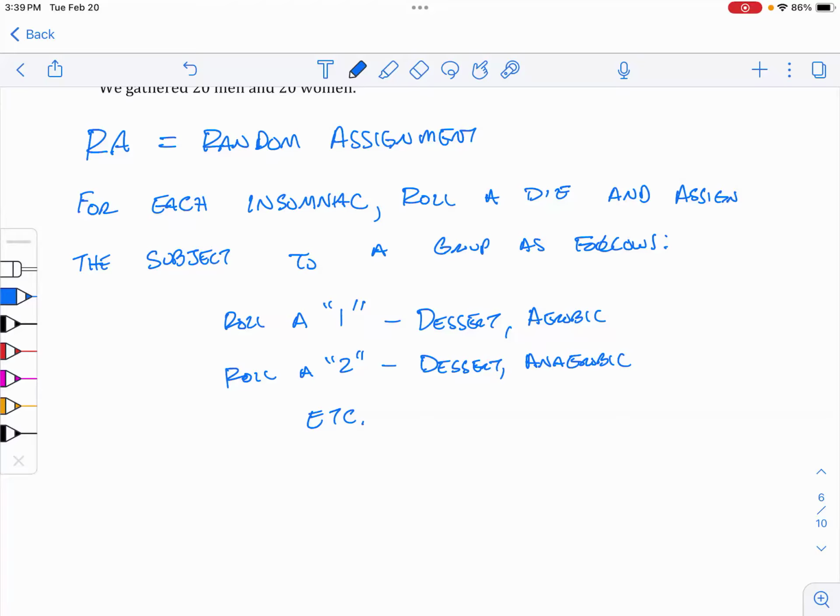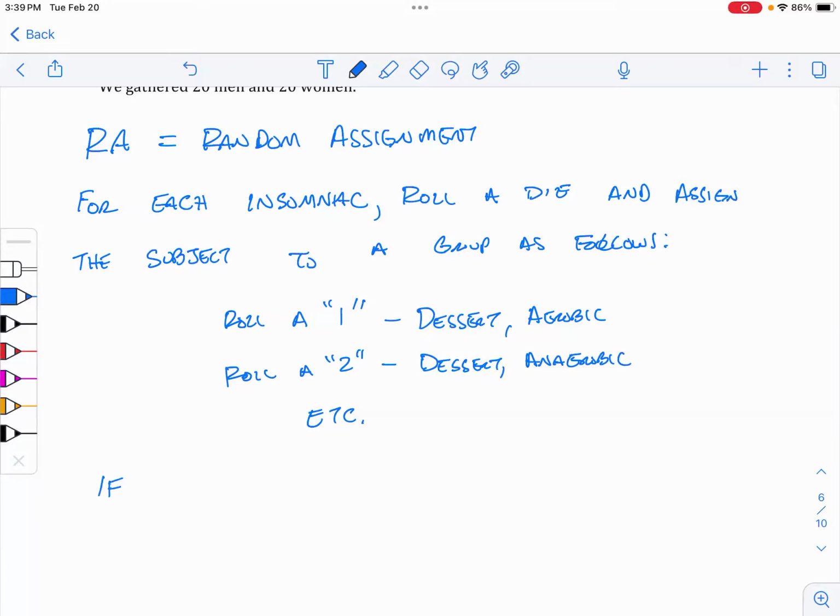Just get rid of that number and continue rolling. AKA, if the group is full, re-roll.